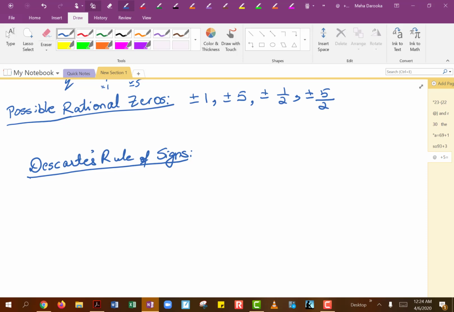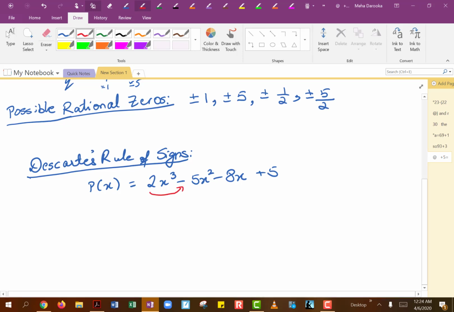So remember, for Descartes' rule, you look at the original polynomial function, which in this case is 2x cubed minus 5x squared minus 8x plus 5, right? So we can see you're going from a positive to a negative.